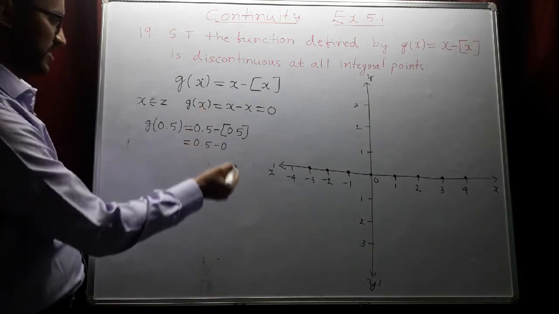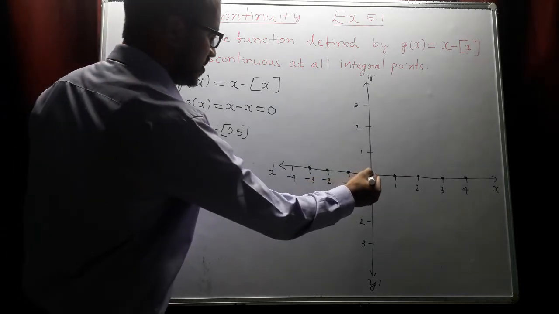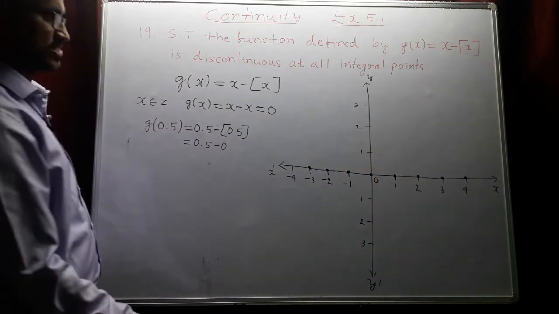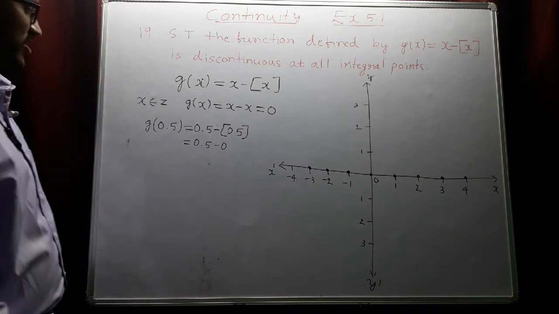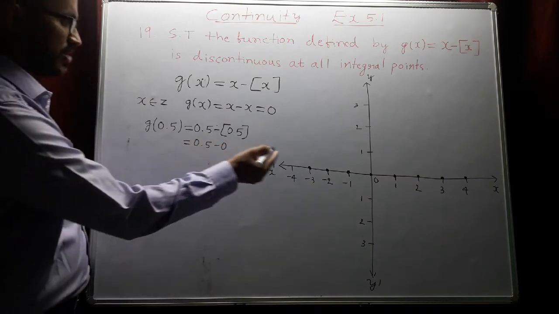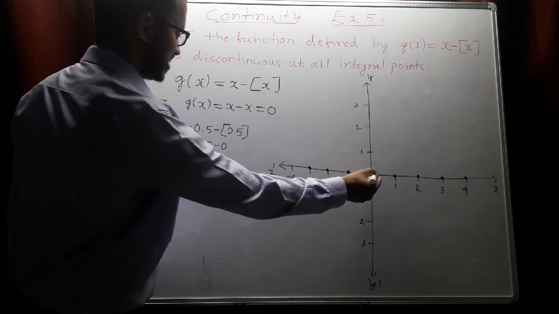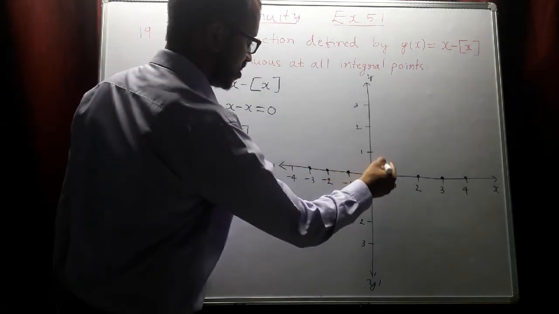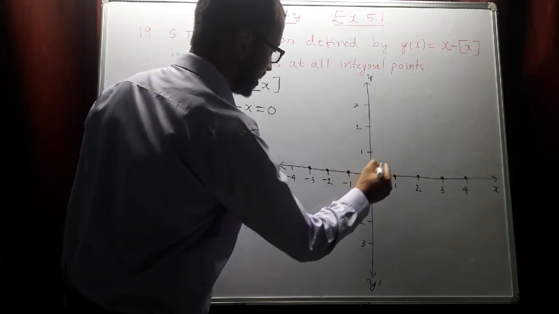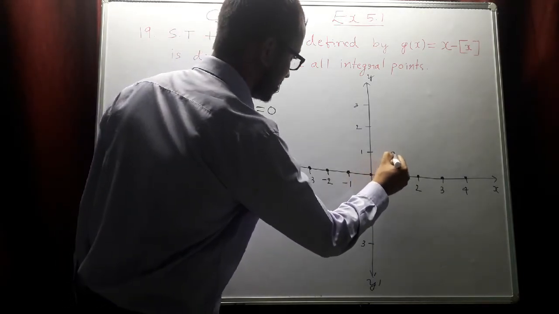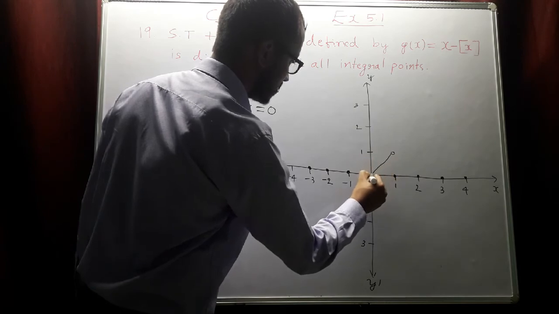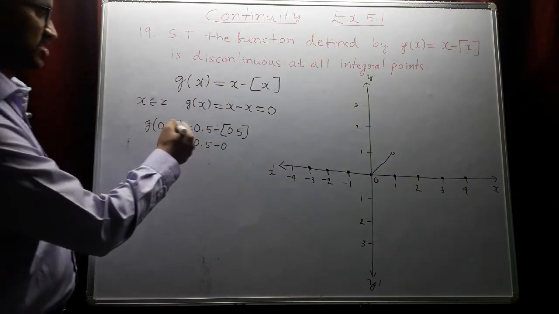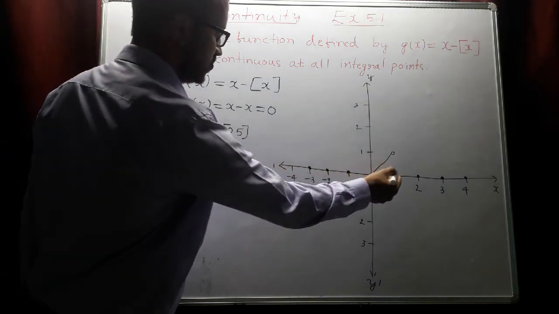So if you consider any value from 0 to 1, excluding 0 and 1, what happens? Its value will be as it is. If you consider 0.1 we get 0.1, 0.2 means 0.2. So we can draw a straight line till where? Till 1. So this is the graph of the function from 0 to 1.